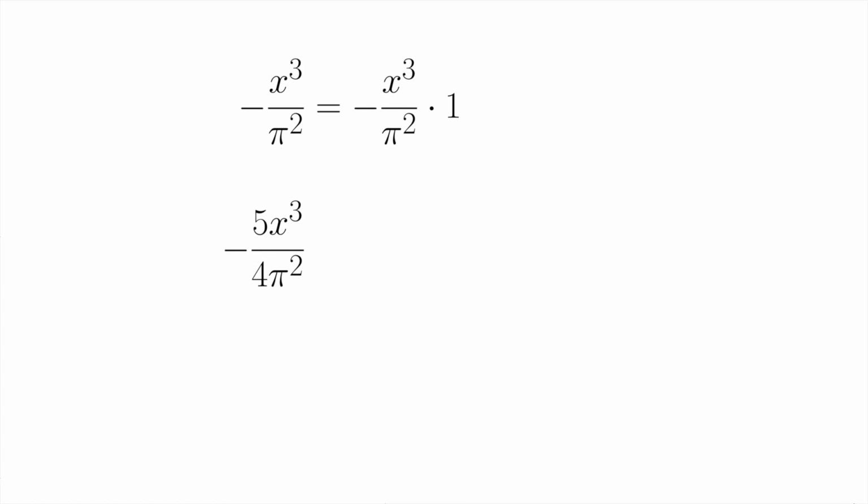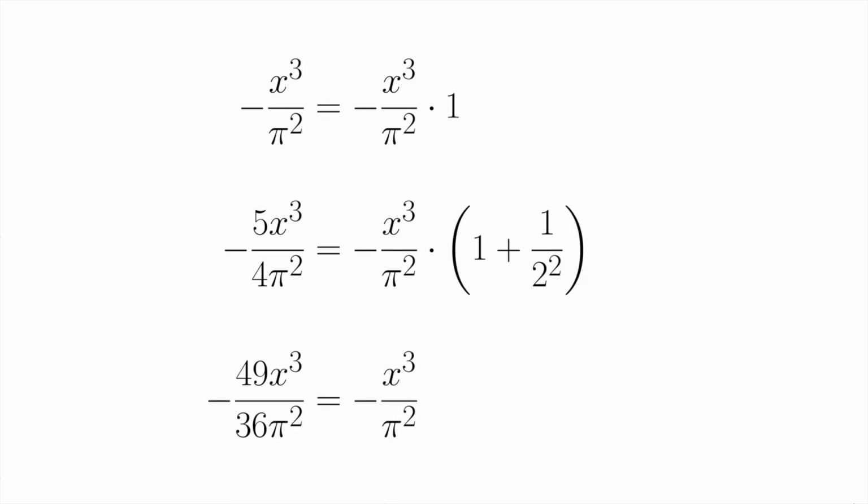Similarly, this term in the second line we can write as minus x cubed over pi squared times 1 plus 1 over 2 squared. And the third line we can write as minus x cubed over pi squared times 1 plus 1 over 2 squared plus 1 over 3 squared.